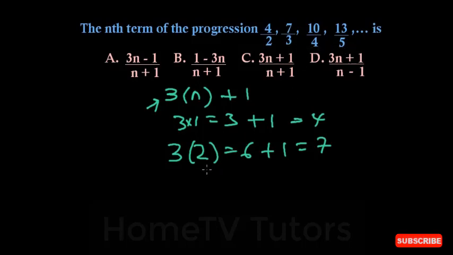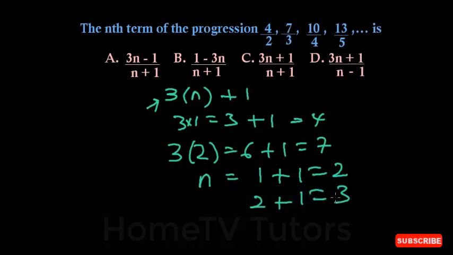So for the first term, 1 plus 1 gives us 2. Then for the second term, 2 plus 1 gives us 3. So there is a constant increment of n plus 1, which is giving us the denominator.